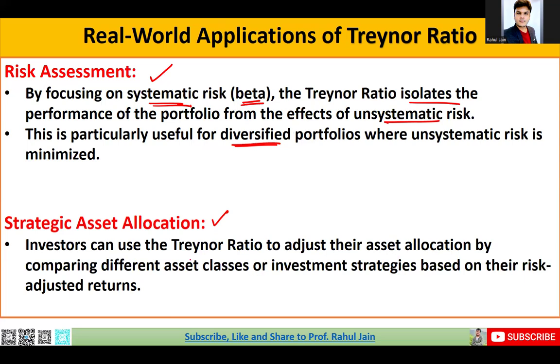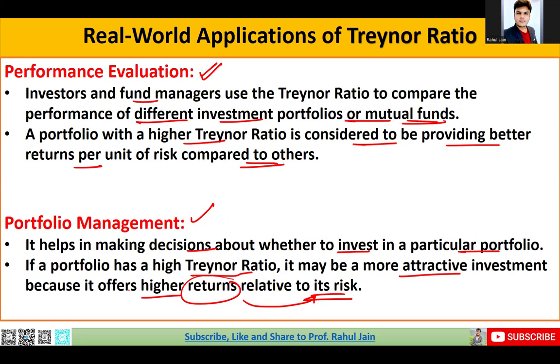Investors can use the Treynor ratio to adjust their asset allocation by comparing different asset classes or investment strategies based on risk-adjusted return. So cumulatively, it will give you a better risk versus reward ratio. You can utilize it in strategic asset allocation, risk assessment, performance evaluation, or portfolio management.